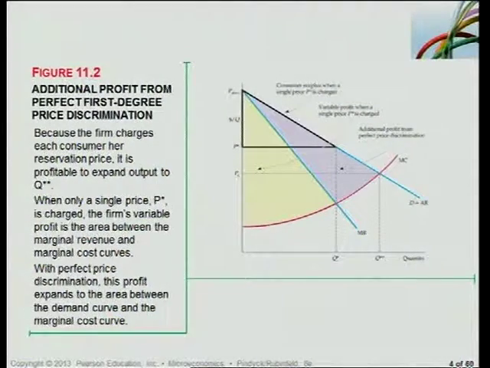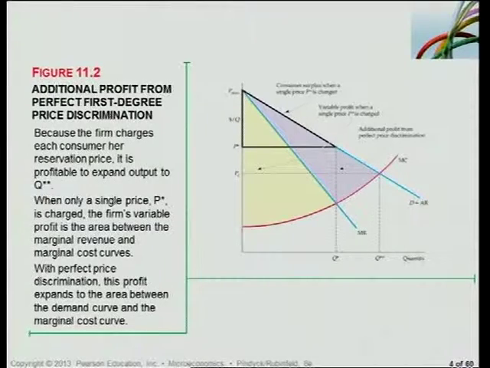But now the firm is not happy with this profit. It wants to increase the profit, so it will apply first degree price discrimination by charging every consumer its reservation price. Coming back to the firm's variable profit, it is the area between the marginal revenue curve and the marginal cost curve, that yellow shaded area. If perfect price discrimination is applied, then the firm will charge a higher price for certain consumers and a lower price for others.